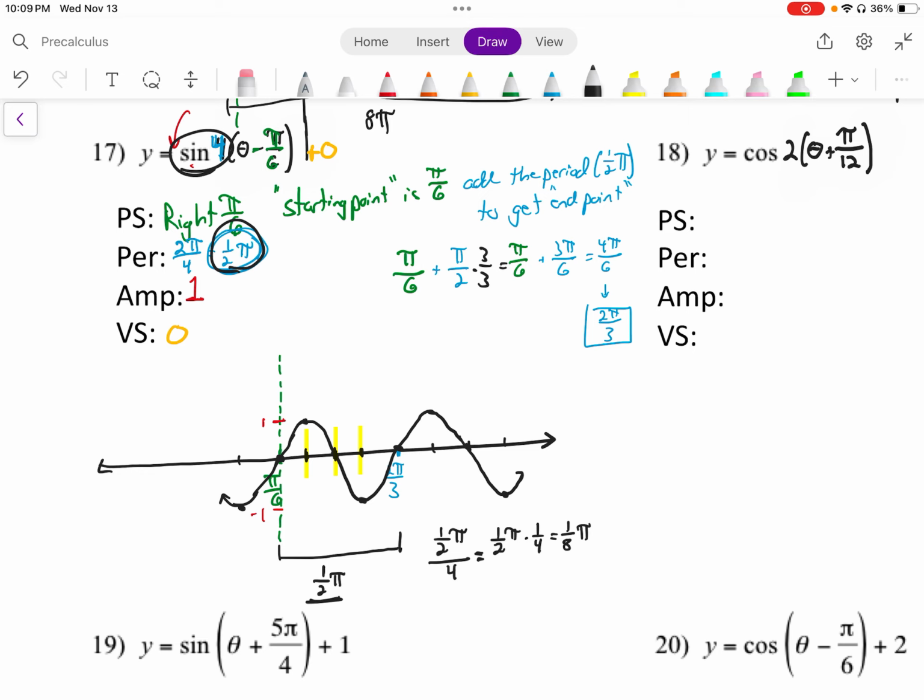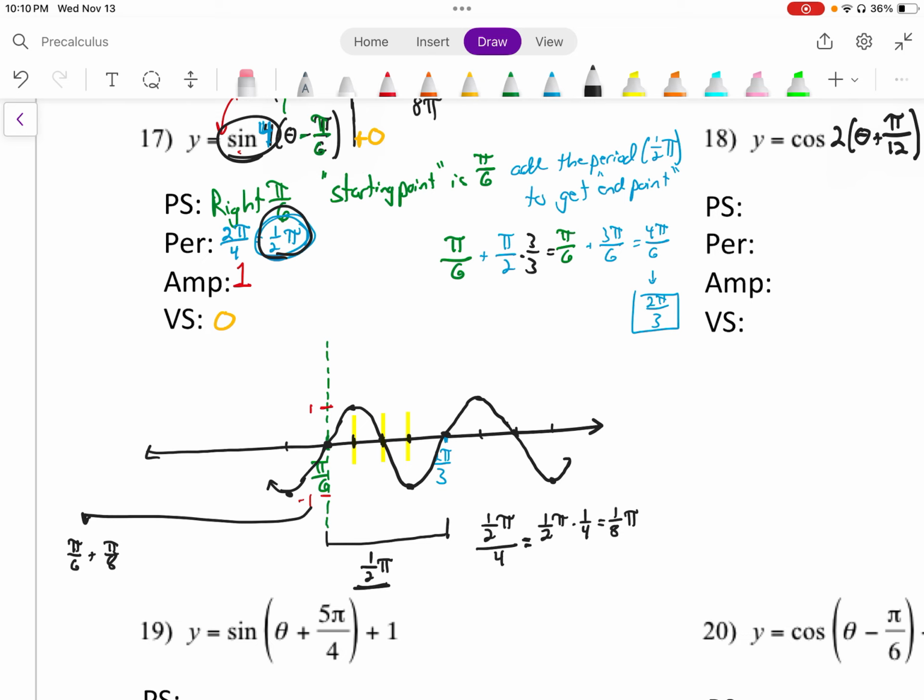Oh boy, well, in order to add, we need a common denominator. So we have this pi over 6. We're biting off quite a bit here. So we have pi over 6 plus pi over 8. Common denominator is 24.